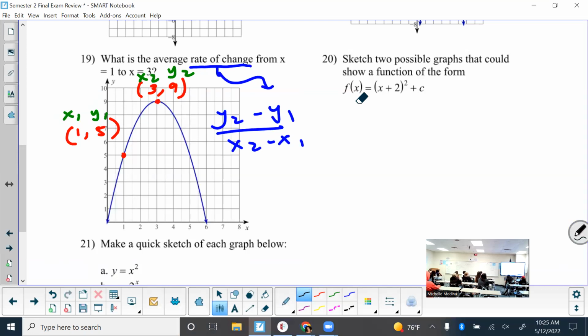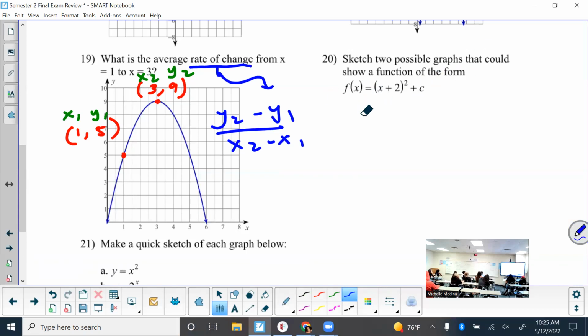I don't know why it says plus c. Let me look. All right, so this is a quadratic equation. I'm not really sure what it's trying to go for on this.